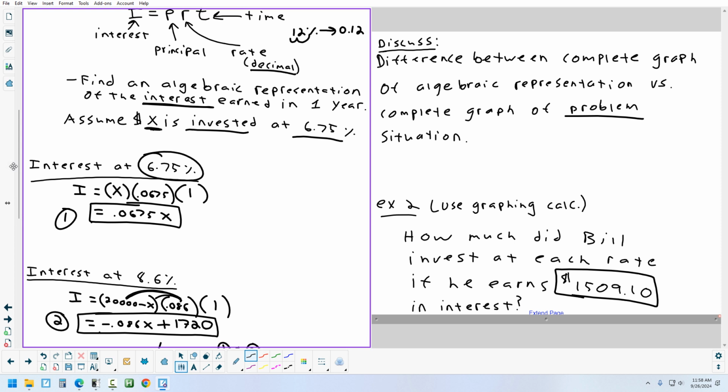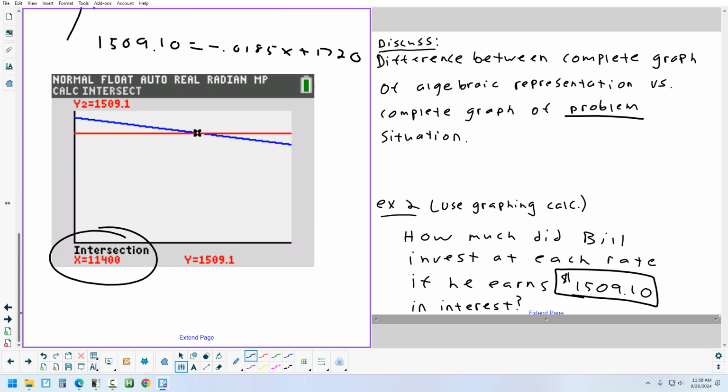Principal in, we need more information. What do you invest into the first account? And the first account was which interest rate? It was the 6.75. Yes. X is the amount of money that Bill put in the 6.75% account. So we know that number now. It's 11,400.